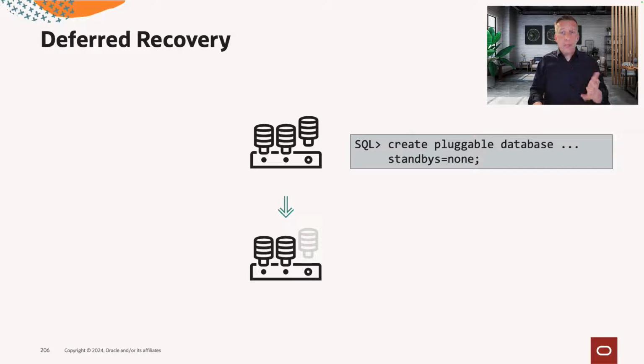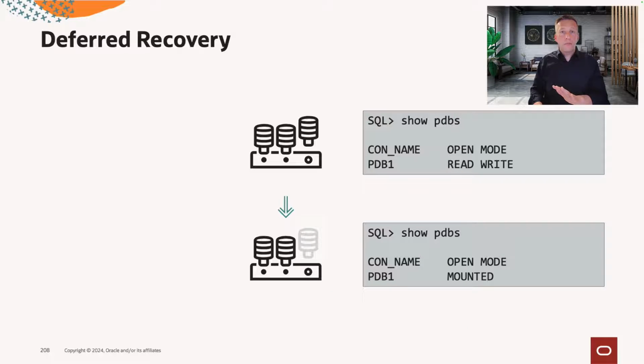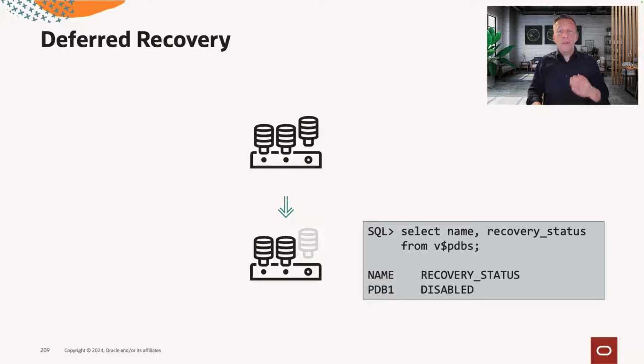On the primary database, everything looks fine. We plug in, we reuse the data files. But on the standby database, we just have the PDB, no data files. If you use the show pdbs command, it looks fine on the primary database. The PDB will open read write. But on the standby database, the PDB is just mounted. This looks normal in a DataGuard environment, but if you look in the V$PDBS view, you can see that the recovery status is disabled.